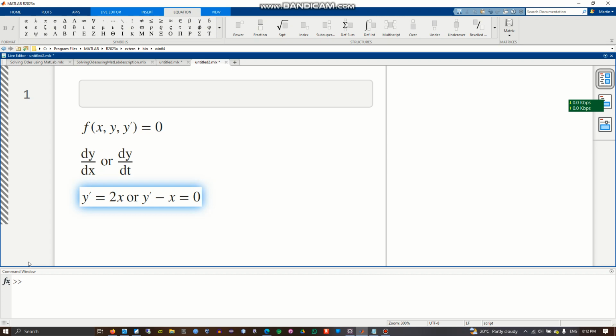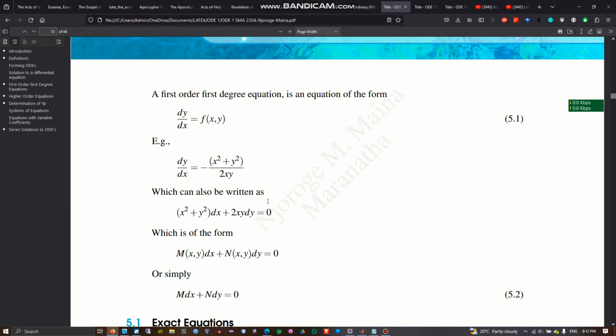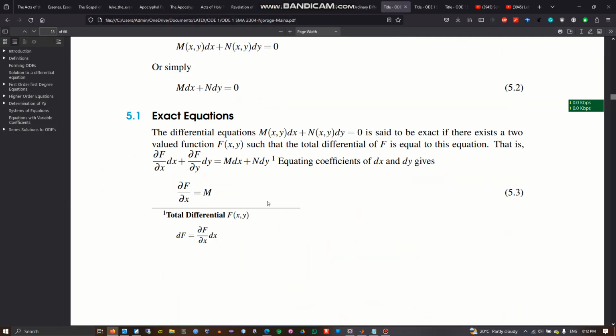Now from that, there is what is called an exact differential equation. These differential equations can be written as M(x,y) dx plus N(x,y) dy equals 0.